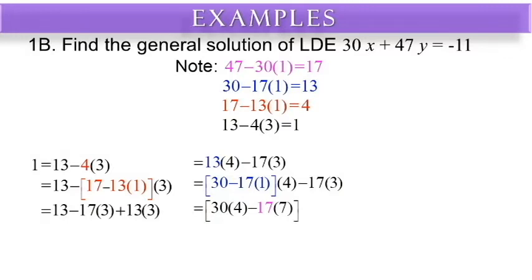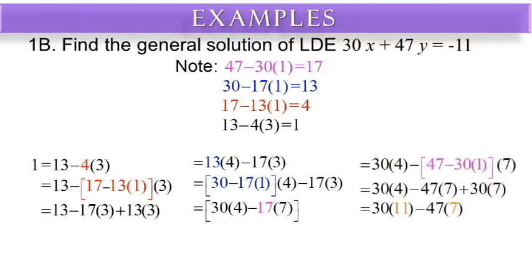Again, substitute the 13. So we have the quantity of 30 minus 17 times 1 times the quantity 4 minus 17 times 3. Then we'll have 30 times 4 minus 17 times 7. Again, substitute the number 17.